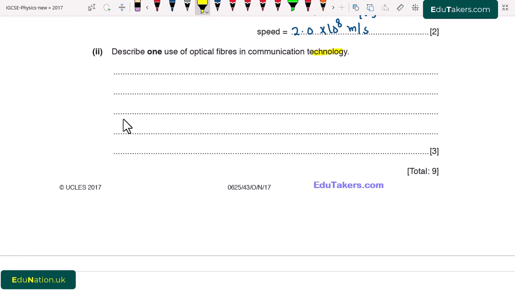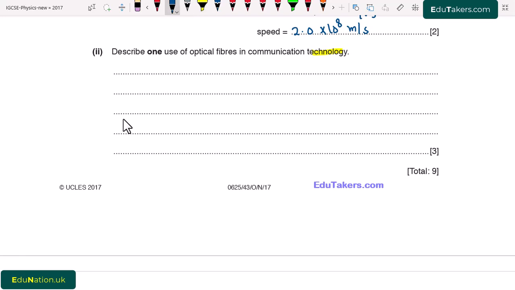The electrical signals are converted into pulses of infrared waves inside the fiber, which can be converted back into electrical signals, and the light travels in the optical fiber by total internal reflection.